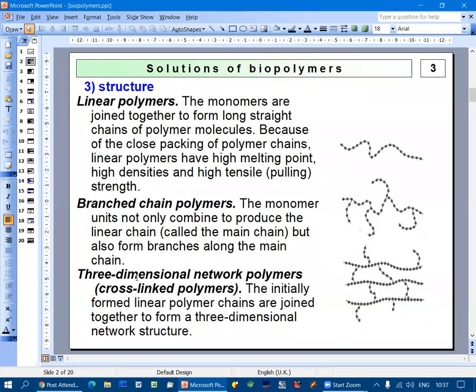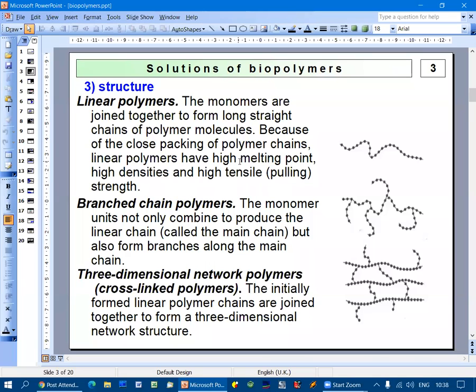According to their structure, they can be linear polymers. Here is an example. When the monomers form long chains not bonded to each other. Usually they have a high melting point because they can be tightly packed in a lattice.